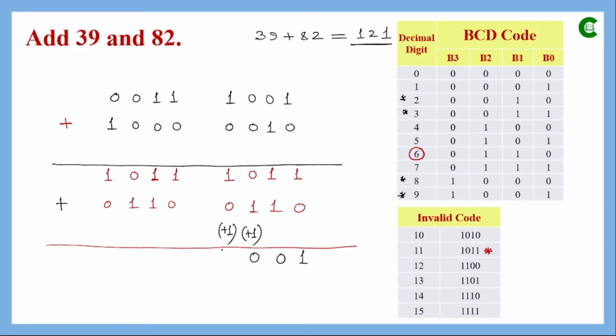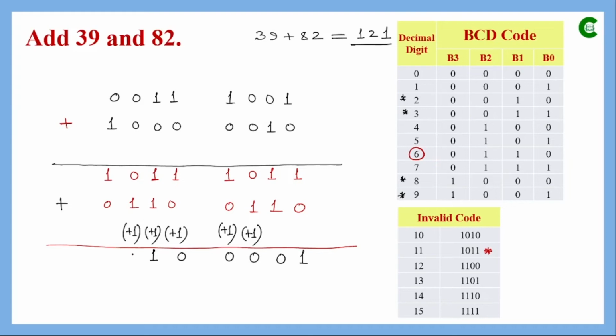So 1 plus 1, again it will be 10, so 0, and that carry will be propagated to the next digit. So now again 1 plus 1 is 10, so 0, then we will have a carry, 1 plus 1 is 10, and with that carry, when we add this 1, it will be 11. So here we will have 1, and that carry 1 again will be propagated to the next bit.